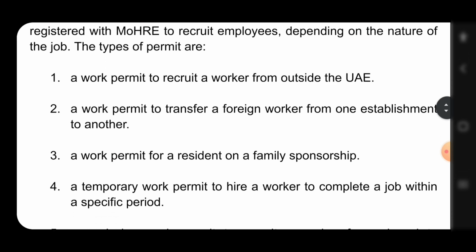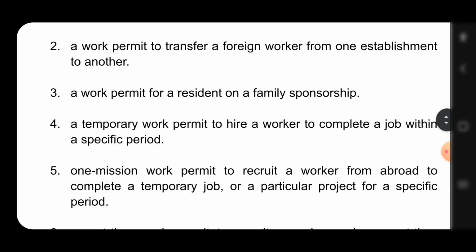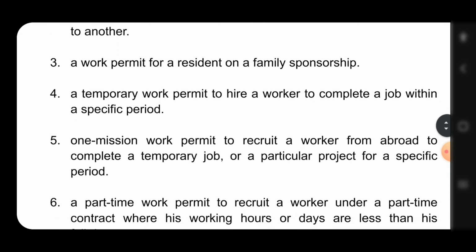And the fourth one, which is very important, is a temporary work permit to hire a worker to complete a job within a specific period. I want to mention that if a male person is on his wife's sponsorship, the company applies for a temporary work permit to hire that worker, and this temporary work permit is for 6 months, and after that the person will get the labor card because he already has a visa through his wife.